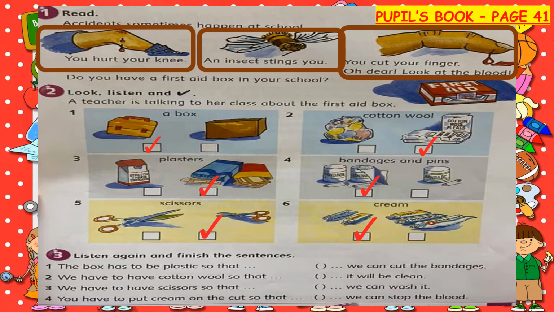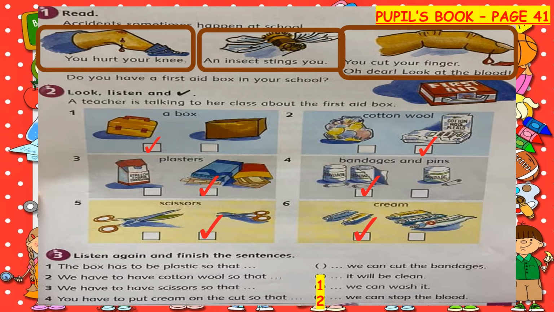Okay, so let's answer now number 3. The box has to be plastic so that, what do you think is the purpose? Why does it have to be plastic? We can wash it. Next, number 2, we have to have cotton wool so that, so what is the purpose of having cotton wool in our first aid kit?